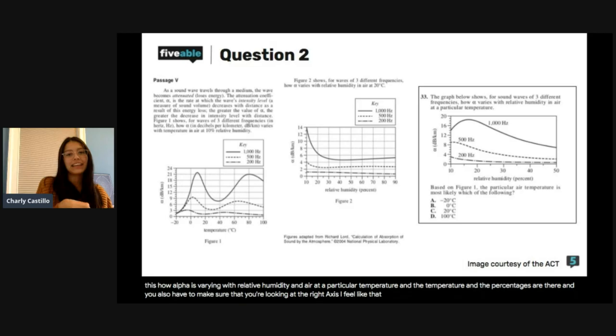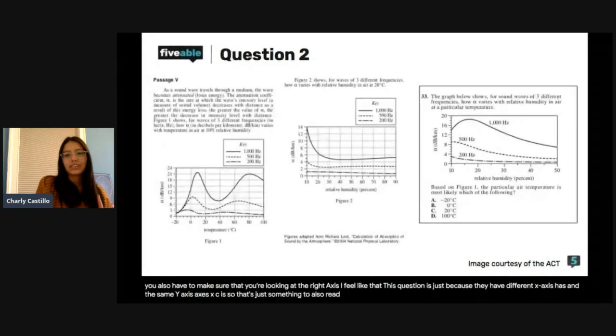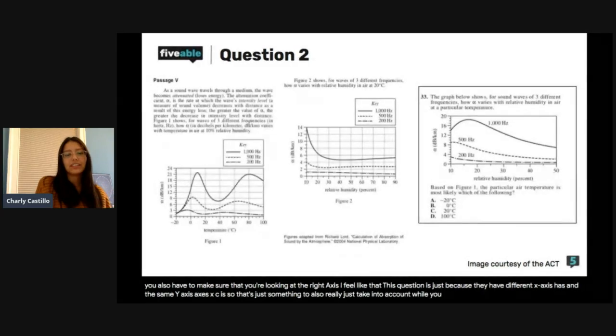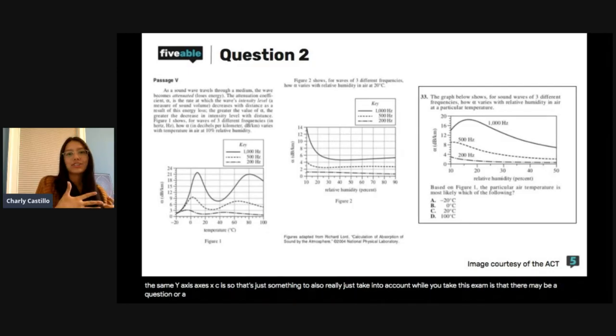I feel like that's probably where people would get tripped up on this question, just because they have different x-axes and the same y-axes. So that's something to really take into account while you take this exam, is that there may be a question or a certain answer that looks really enticing at first just because, oh, they're the same number or whatever type of pattern that you might pick up on.